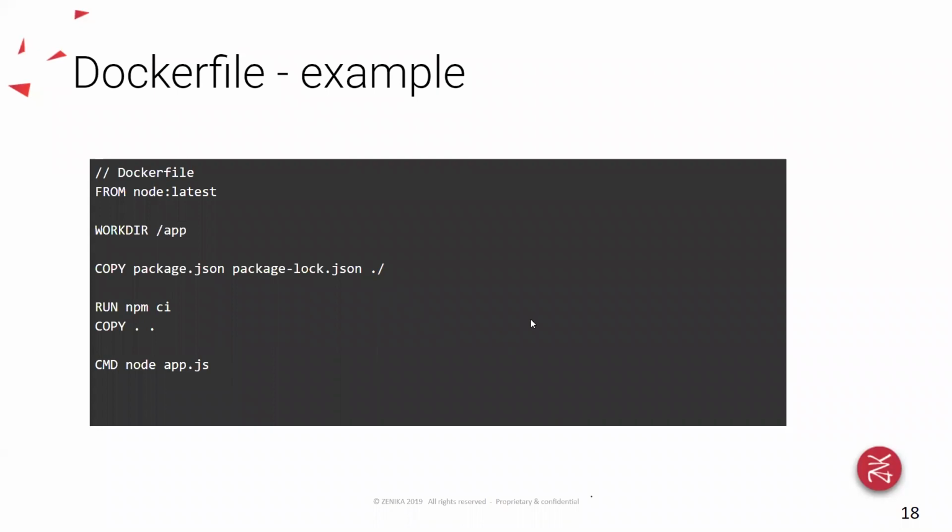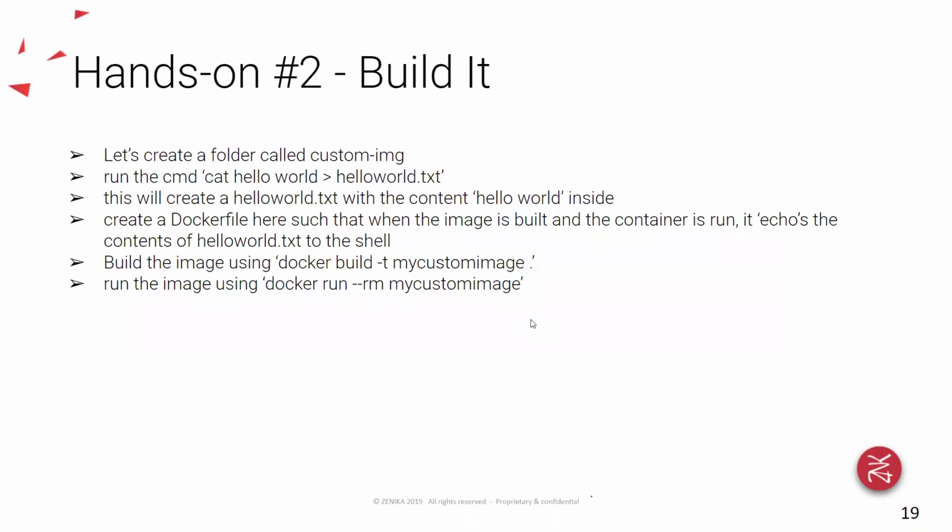I hope that's clear for you guys, because now it's time for you to do hands-on too. So the purpose of this hands-on is for you to build a custom image. What we're going to do is basically create a folder, and inside that folder, we're going to create a text file with the text hello world. After we do that, we're going to create a Dockerfile in that same folder.